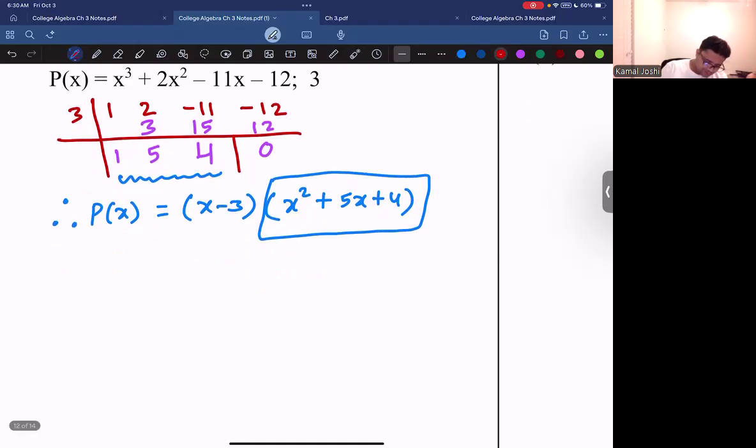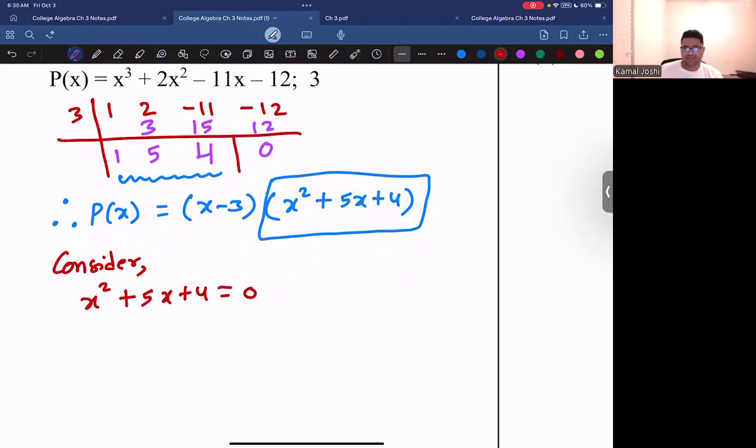Consider now x squared plus 5x plus 4 equal to 0. Now how to solve that? That is a quadratic equation. You solve either by factoring, or by using the formula, or by using the vertex form. We have studied 3 methods of solving them.